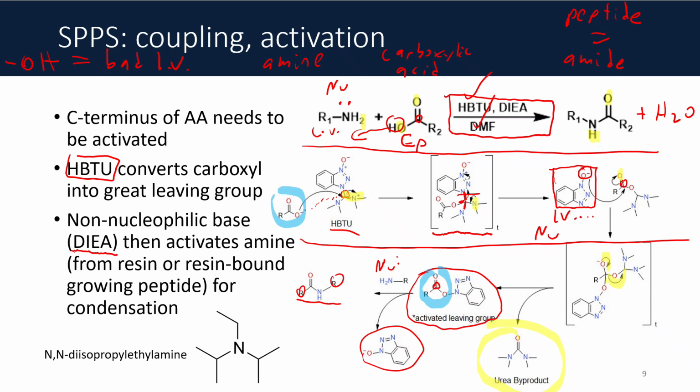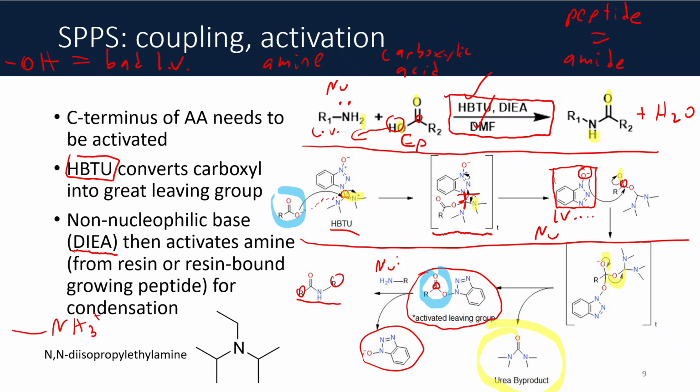Remember how I said that it is the lone pair on our nucleophilic nitrogen N-terminus? That is what makes it reactive. If there's a little bit of acid, a little bit of water present even, the hydrogen from the water can come on and do an acid-base reaction and convert the NH2 into NH3+.